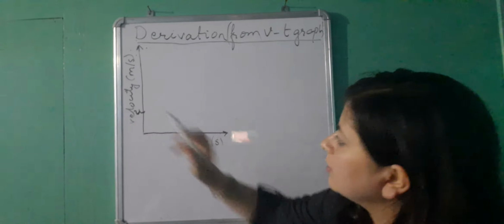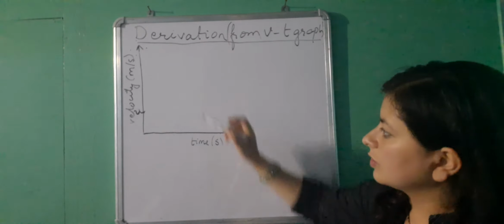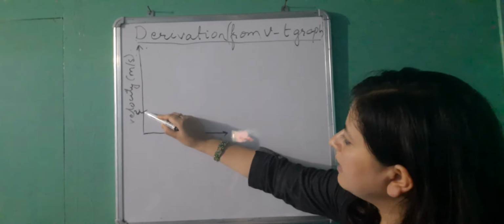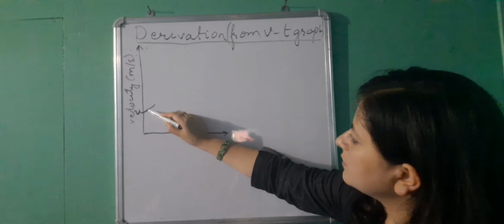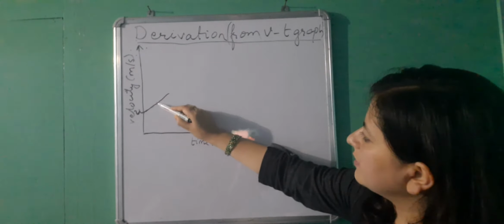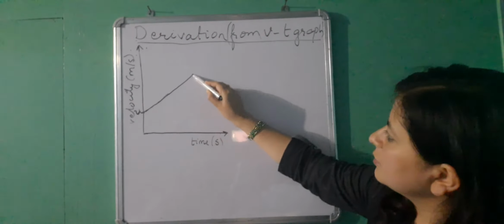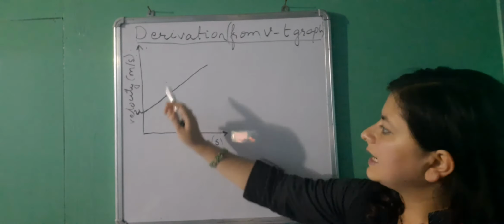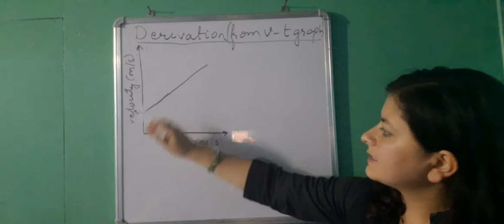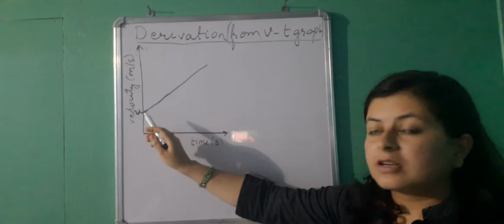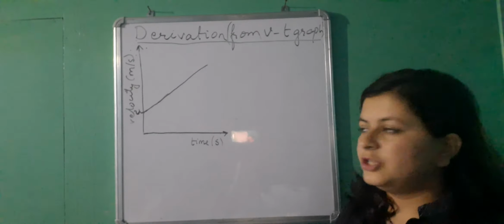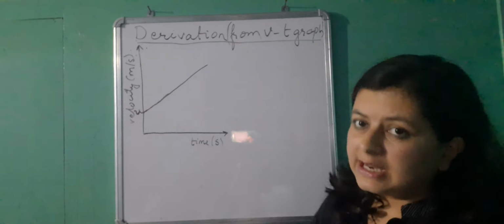With uniform acceleration, as we have done in the previous classes, the graph is going to be a straight line sloping upwards. If it had started from rest, then the graph would have started from here sloping upwards. But since the body is not starting from rest, we assume the body has already acquired an initial velocity u, so we are starting from the value u.